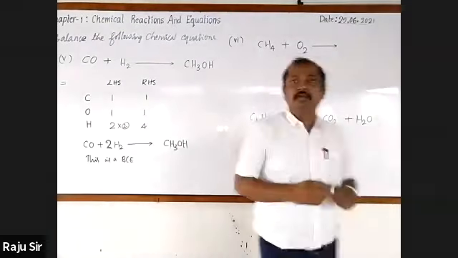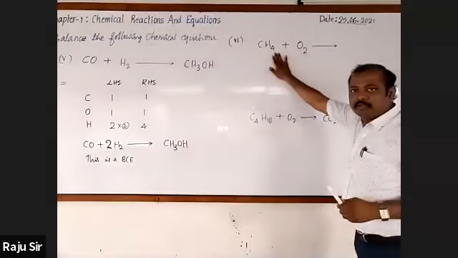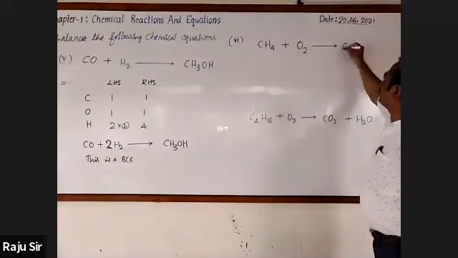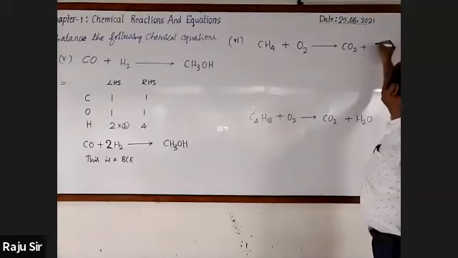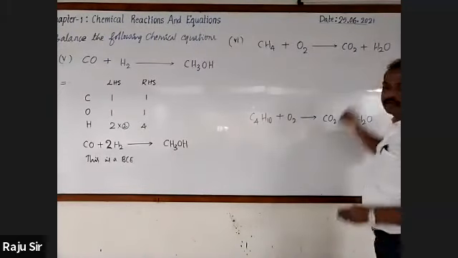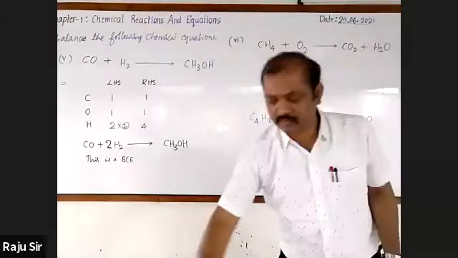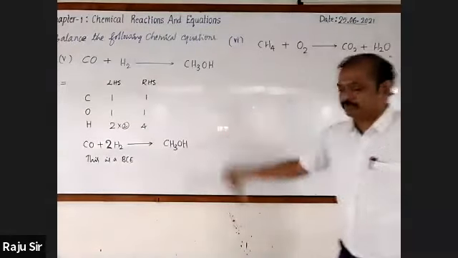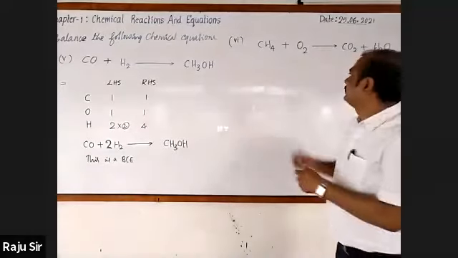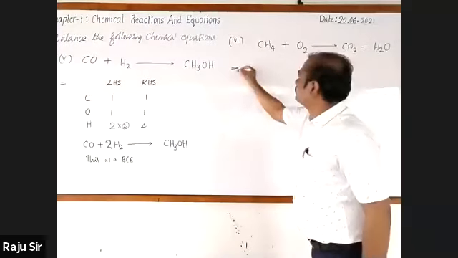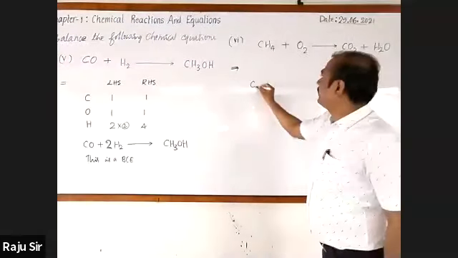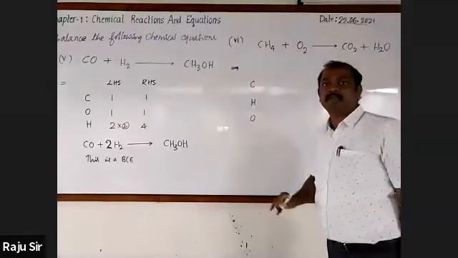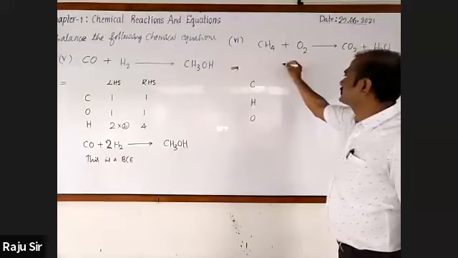Here also, when methane reacts with oxygen, it produces carbon dioxide and water. Now let us go for balancing. Carbon, hydrogen, and oxygen are the elements involved in this chemical reaction.